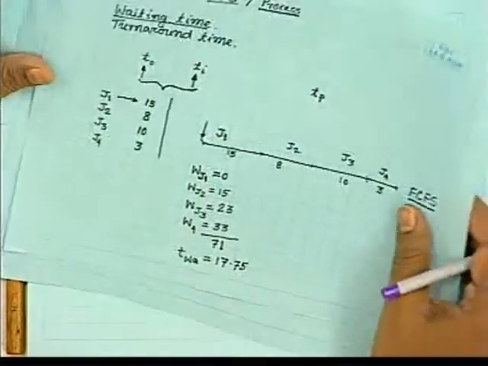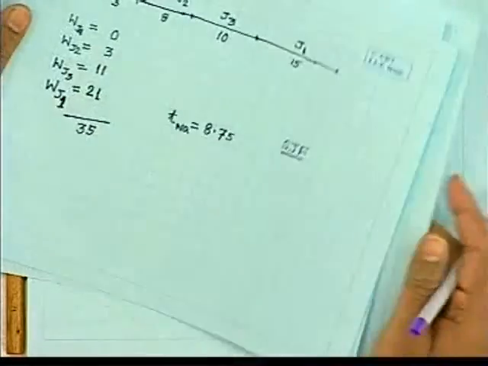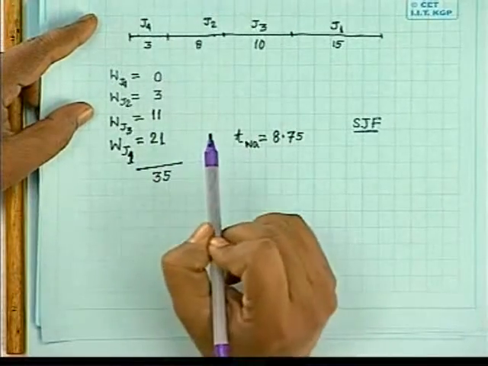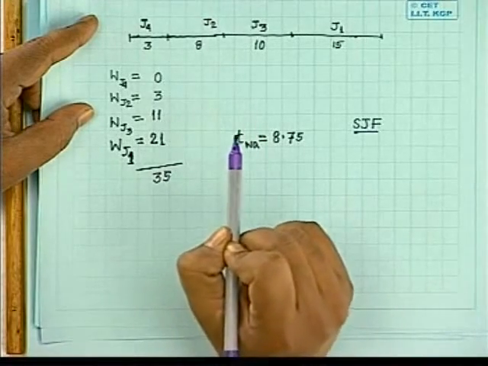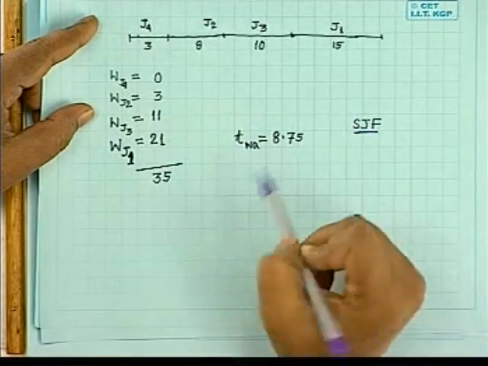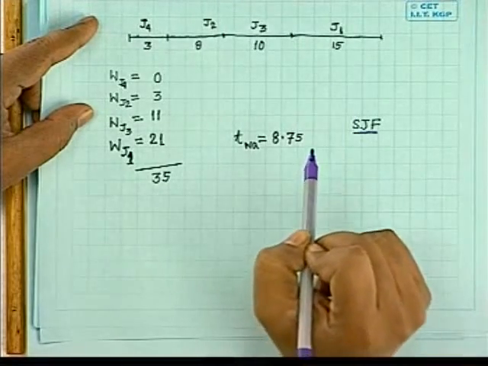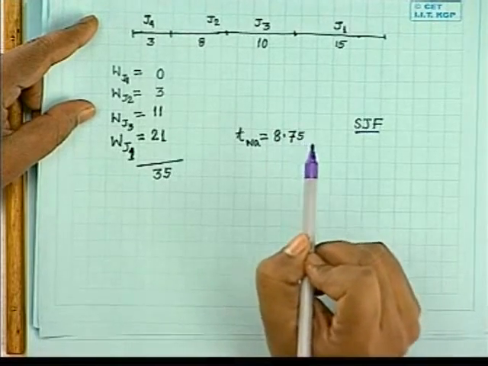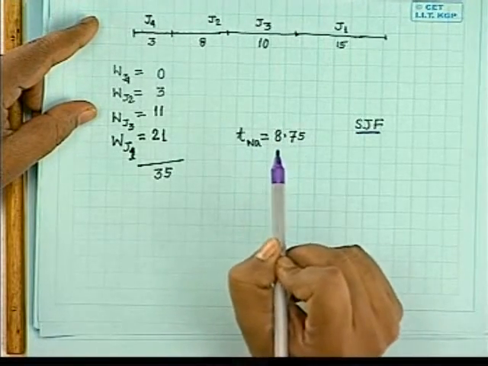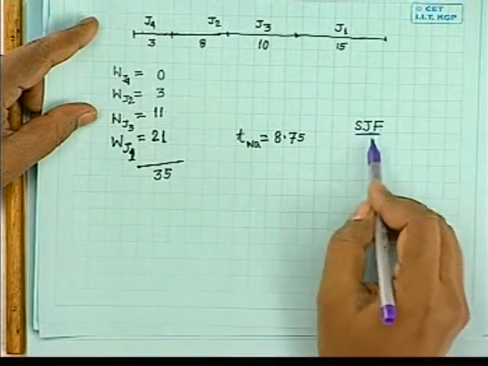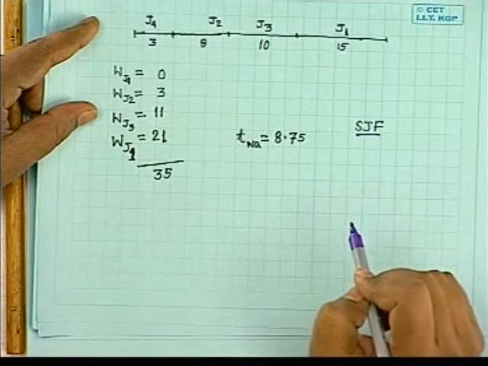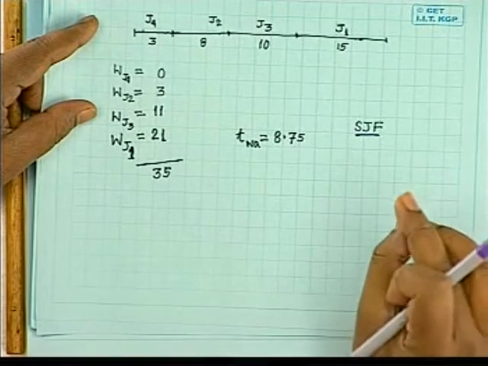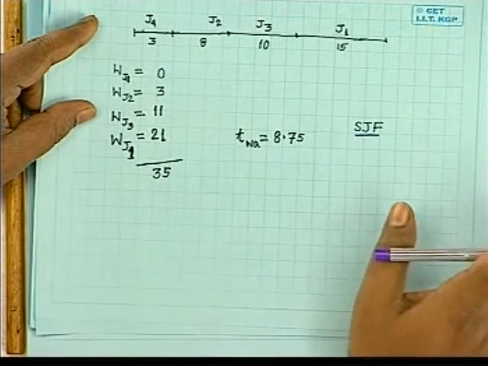But in shortest job first, the SJF scheduling algorithm, we execute first the job for which the next CPU burst time is minimum, and the job which takes the maximum CPU burst time is executed last. So we must have some idea about the next CPU burst duration. Only then can we perform the scheduling using shortest job first. But it is never possible to know exactly the time required for the next CPU burst.